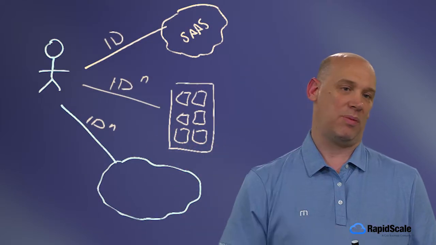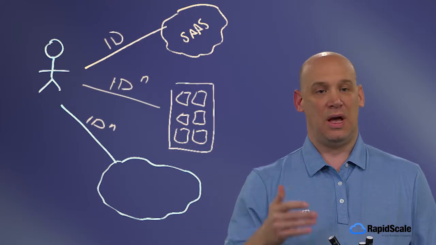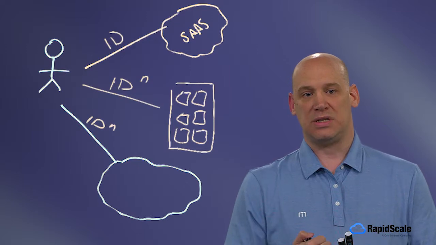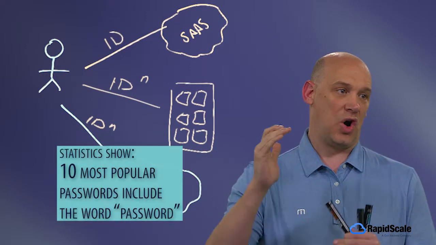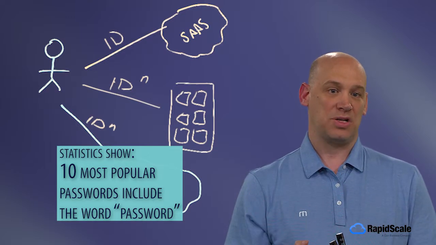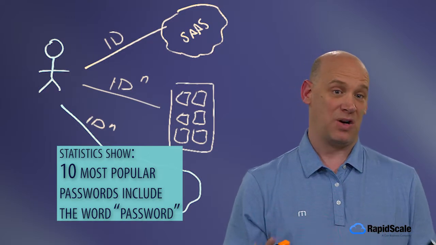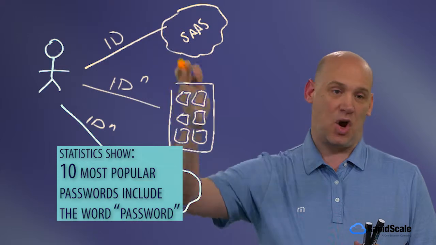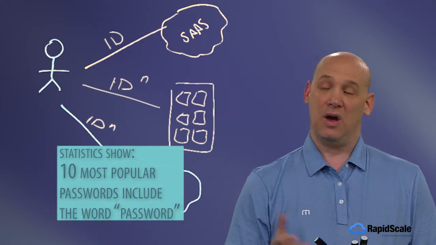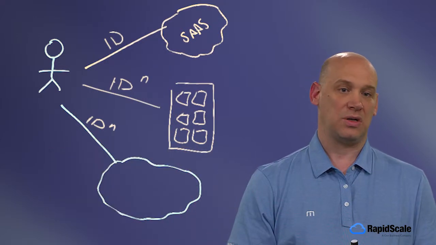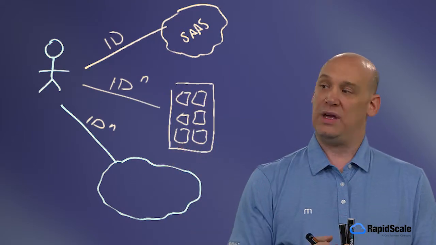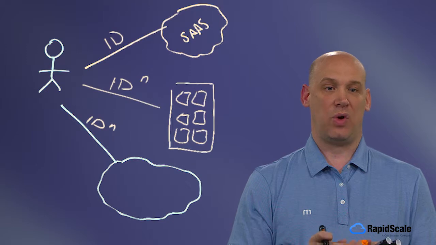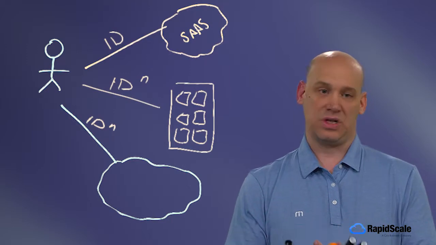If we look at the problem with passwords alone, some of the common problems with passwords: the top 10 passwords that people set are actually "password" today. This is a common problem that people see. Also, passwords are not secure nowadays. They're not using adequate security. They're not using multi-factor. They're not using single sign-on.